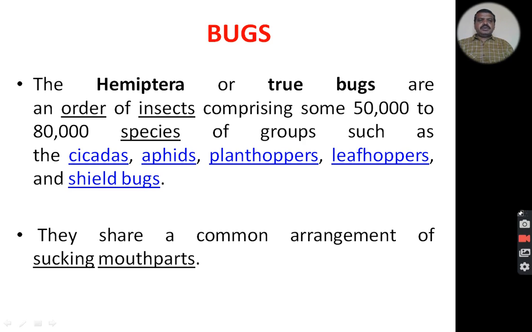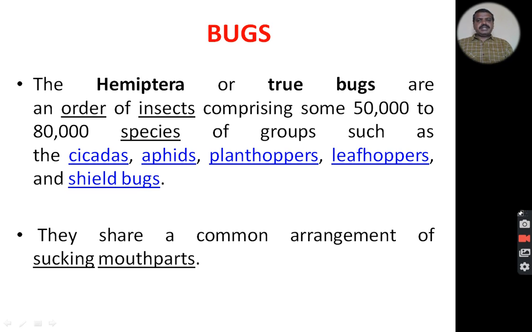Bugs. So majority of the bugs, they are all categorized and kept under a single order, that is the Hemiptera. The Hemiptera are the true bugs, okay, without wings.